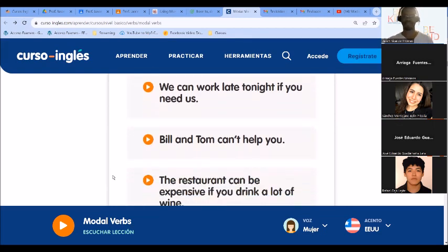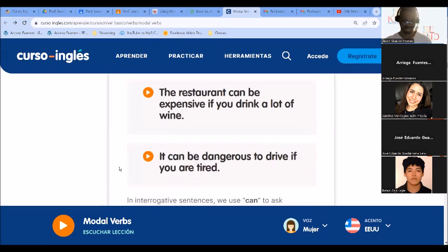Okay. Bill and Tom can't help you. The restaurant can be expensive if you drink a lot of wine. Yeah, wine. Okay. And one more. It can be dangerous to drive if you are tired.